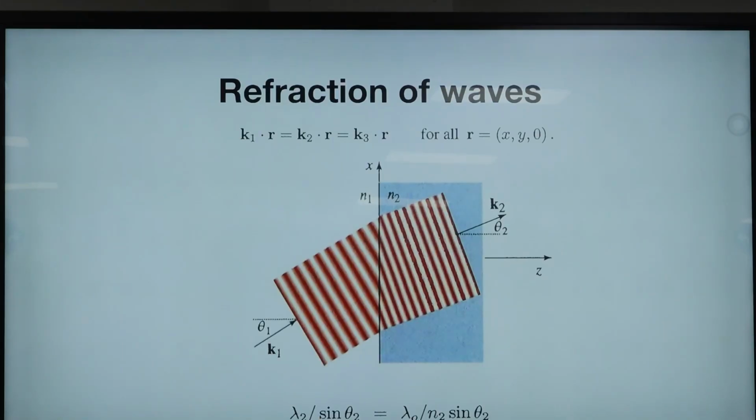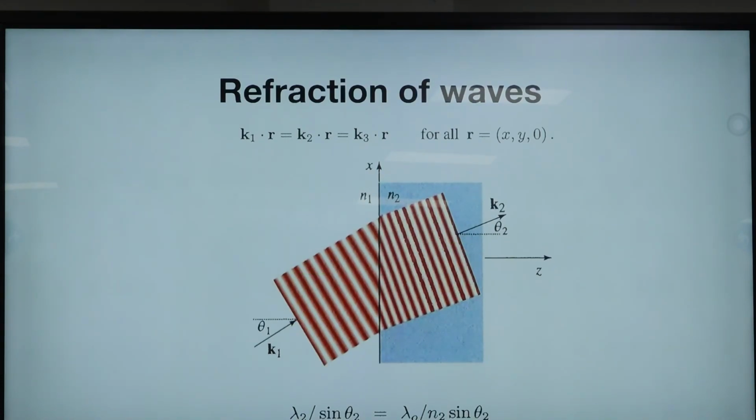Remember in the previous case, we had a ray of light falling, and n1 sin theta 1 was equal to n2 sin theta 2. We had that picture, right? In this case, notice that there is a certain wavelength, and look at the wave on this side. It's hitting a boundary, and it's changing direction.